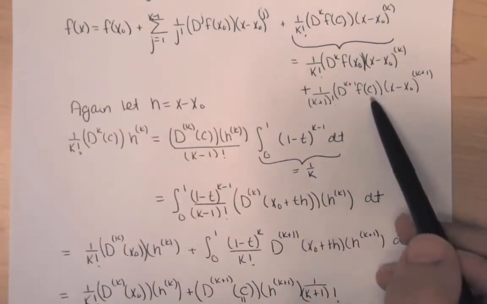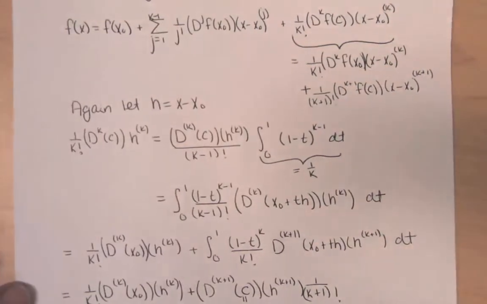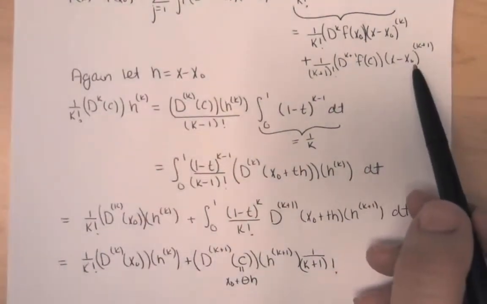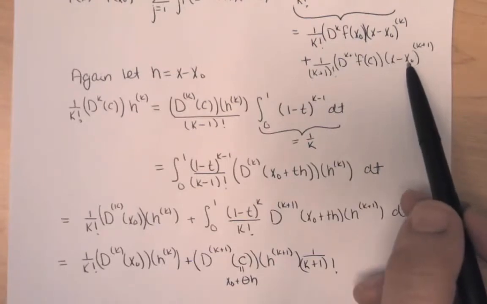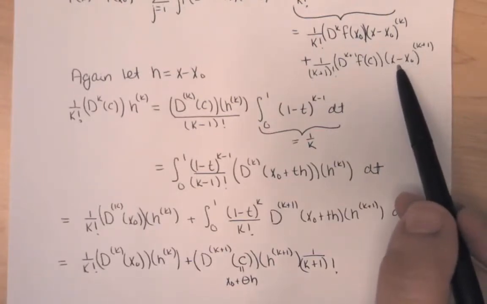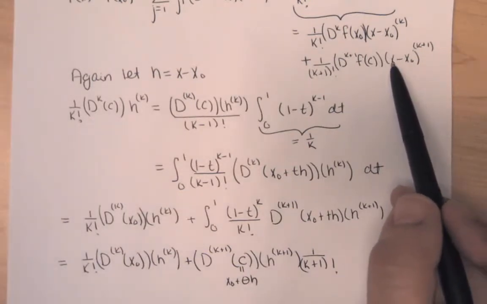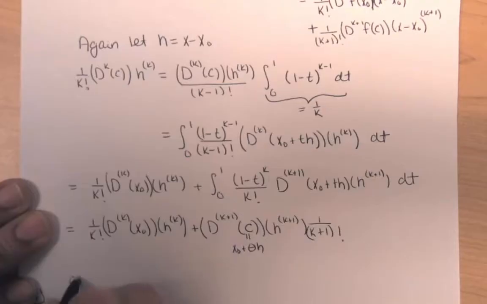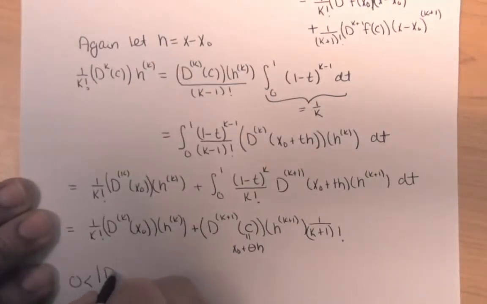Almost. Right? Now I need to show the limit condition. I need to show that the remainder goes to 0 as x goes to x naught. In other words, I want to show that my Taylor polynomial approximation is in fact a good approximation so long as x is sufficiently close to x naught. 0 is less than the absolute value.